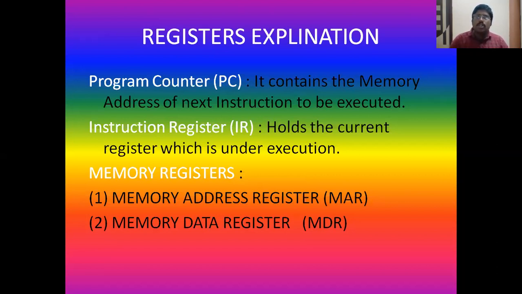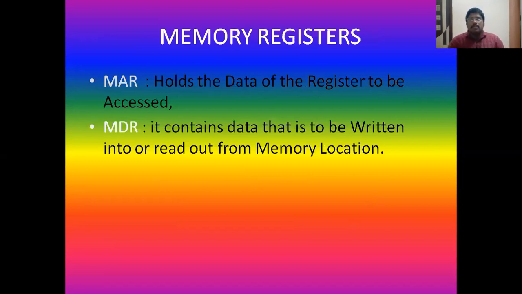Next, we have two memory registers: the memory address register and the memory data register. The name itself indicates memory address and memory data. What is meant by memory address register? The memory address register holds the address of the register to be accessed, whereas the memory data register contains the data that is to be written in or read out from the memory location.